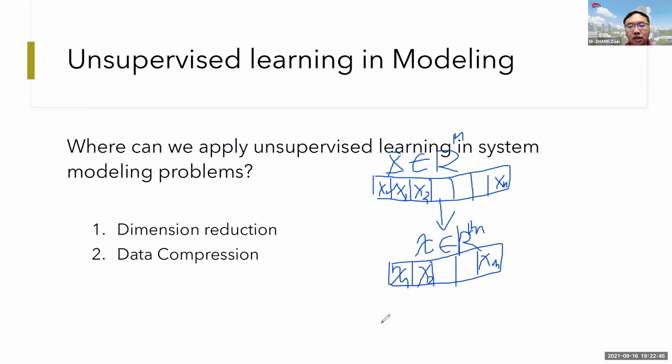This is usually done by using some generative models, or by unsupervised learning techniques such as autoencoders, which we will talk about later, or embedding methods. One very linear case is principal component analysis.